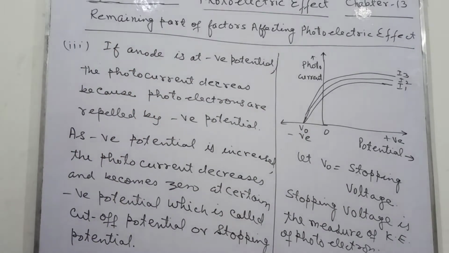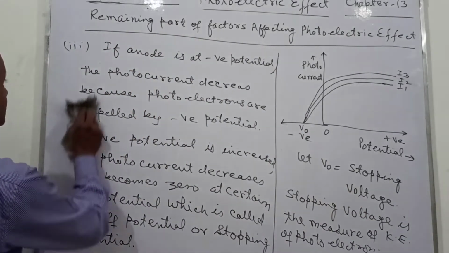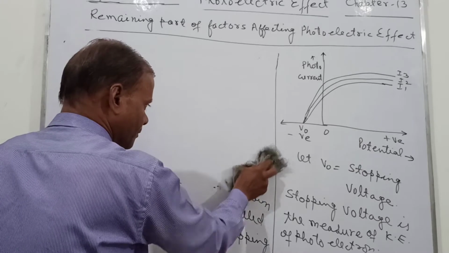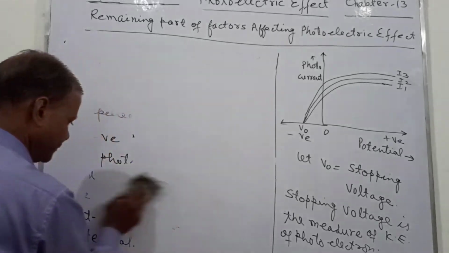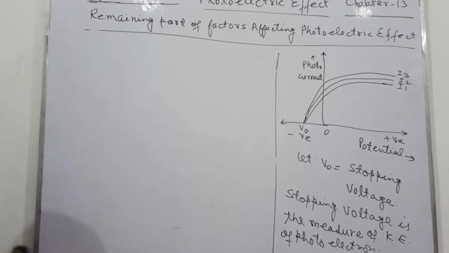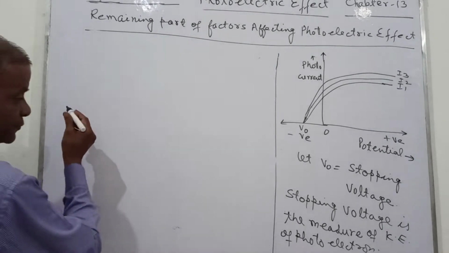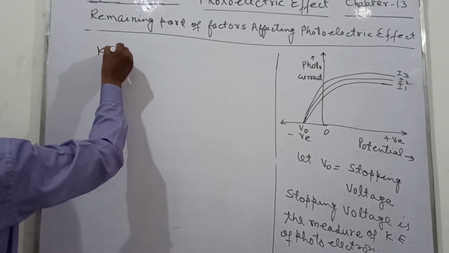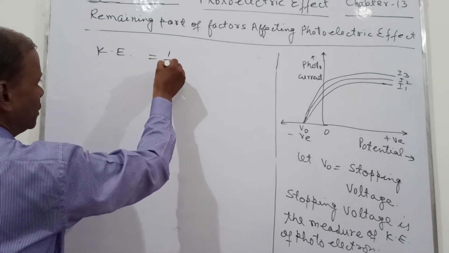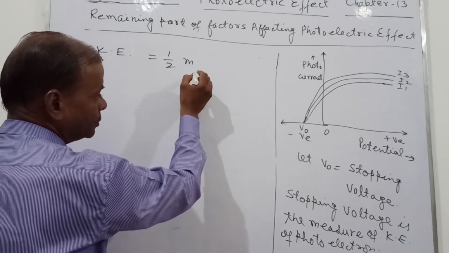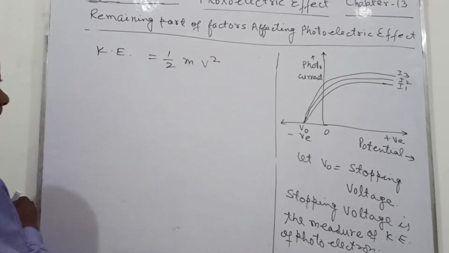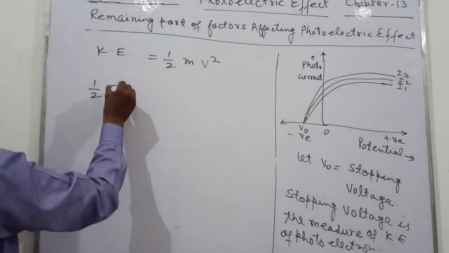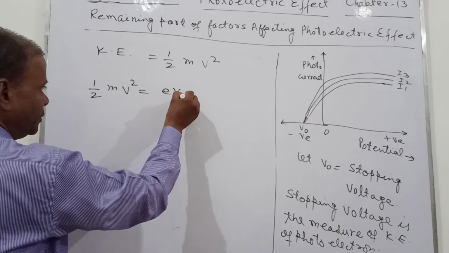It means that if I take this V0, then the kinetic energy is equal to half mv square, and this half mv square is equal to eV0.